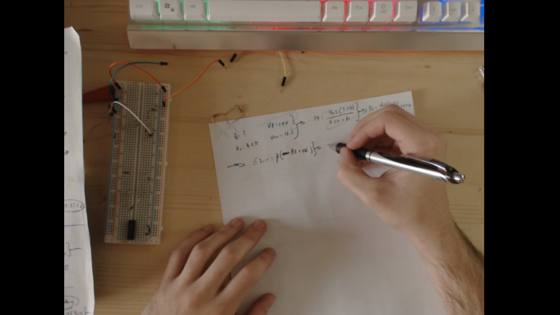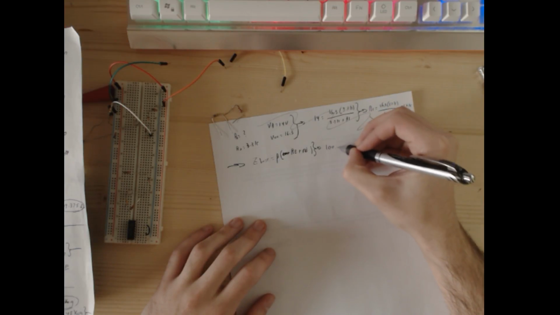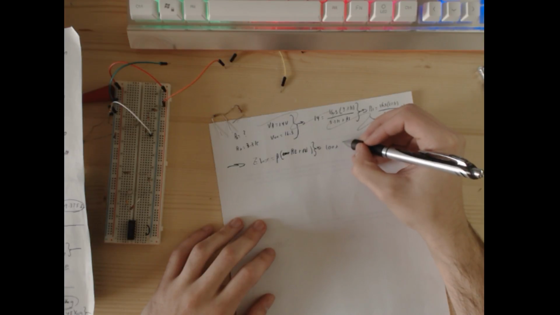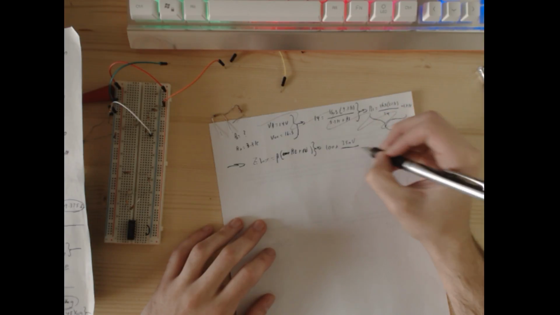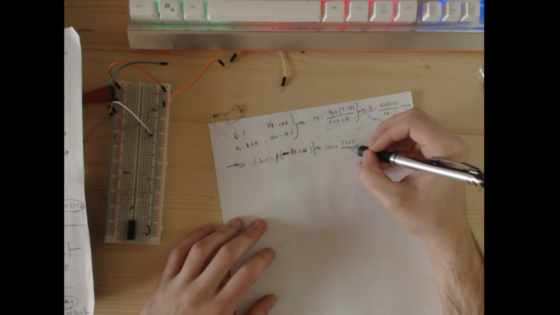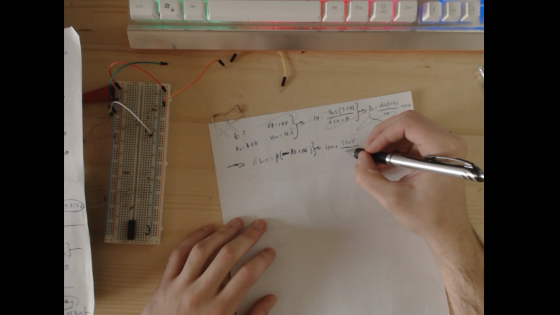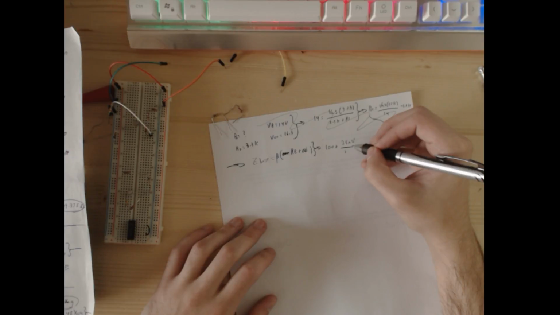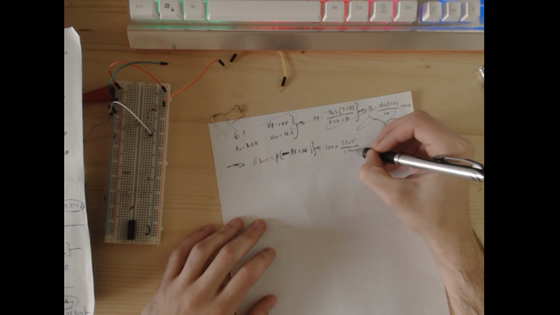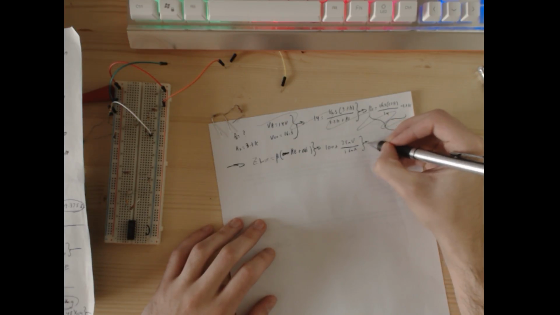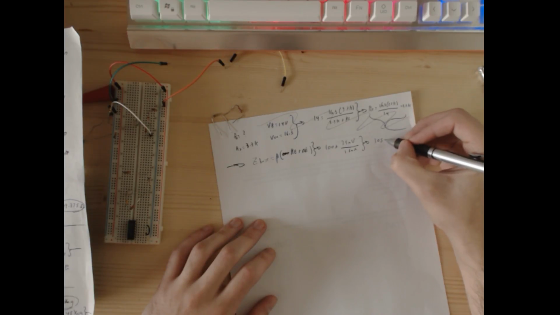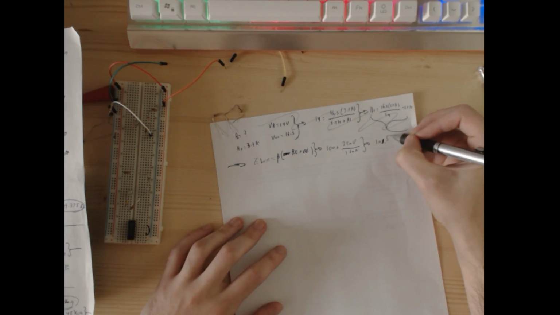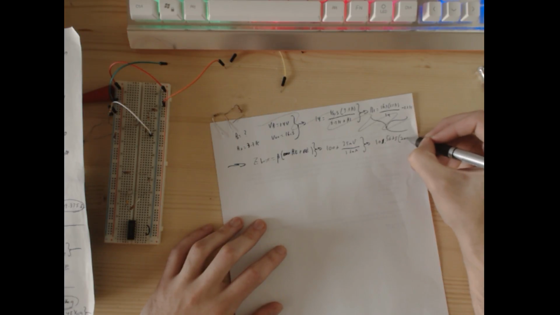In our case, RE is 100 plus 25 millivolt divided by 16 milliamp, which is 101.5625, multiplied by 200.